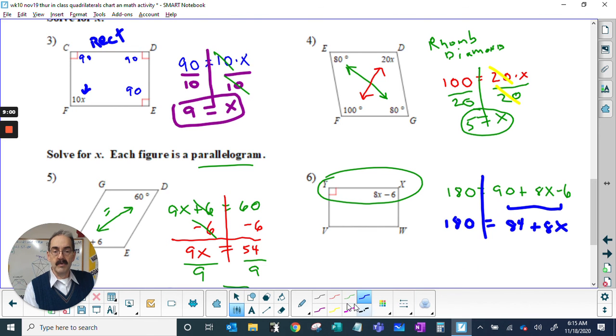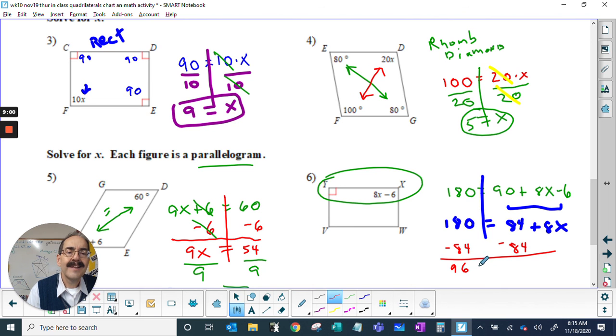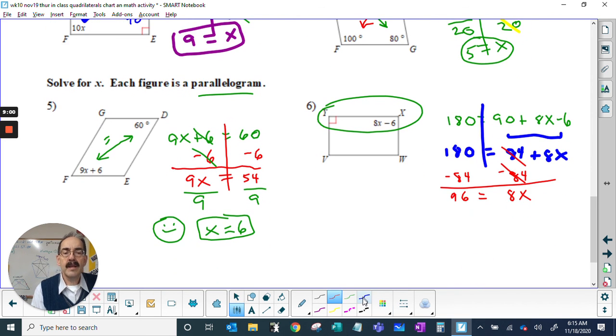What's the opposite of plus? We've got to move that 84. And what do we get? 96. We still have an equals. The 84 went to 0. What's the opposite of multiply? If you have to, grab a calculator.